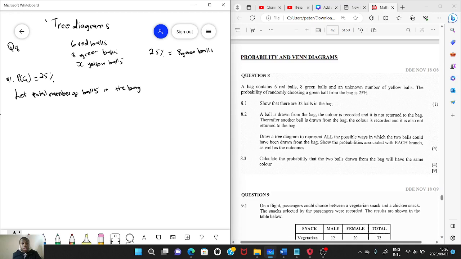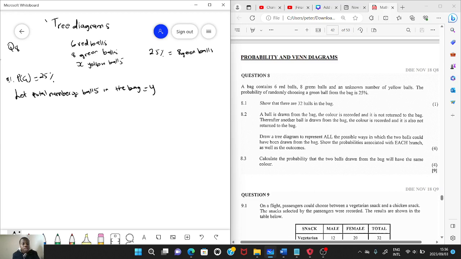Now x is the unknown number of yellow balls, right? So what do we know? We know that 25% of the balls in the bag are green balls, right? So we are going to find 25% of y.